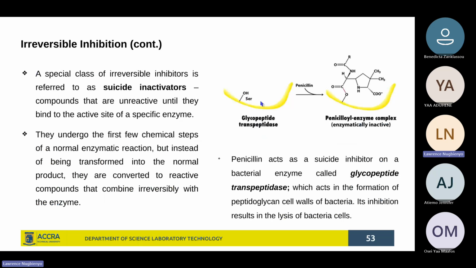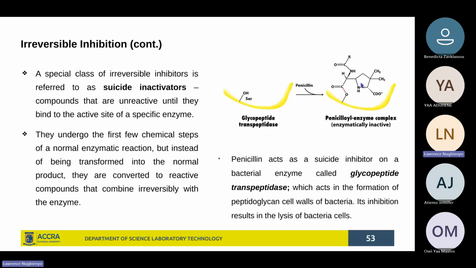Now, penicillin, acting as an antibiotic, can act on this glycopeptide transpeptidase such that the penicillin molecule, which is depicted here, is bound to the serine residue at the active center of the enzyme. And once it binds to the enzyme permanently this way, the enzyme is rendered inactive.